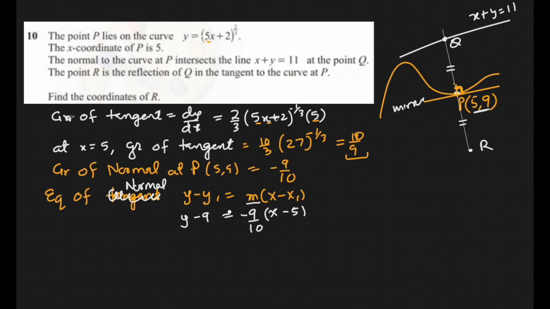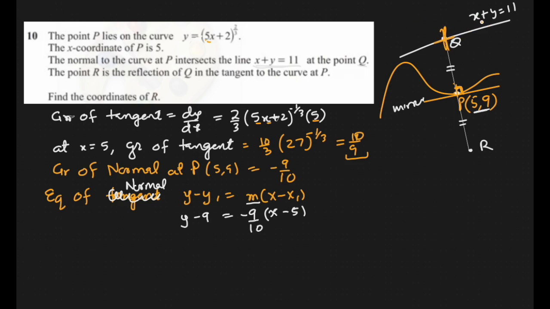And y. This is the equation of the normal. But the equation of the normal was not asked. We did so to find the coordinates of Q. And they said that x plus y plus 11, this is intersecting with this normal at Q. So do you agree that the y coordinate of this line and this line will be the same?